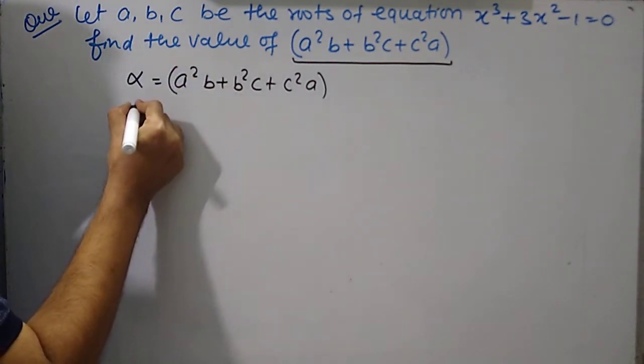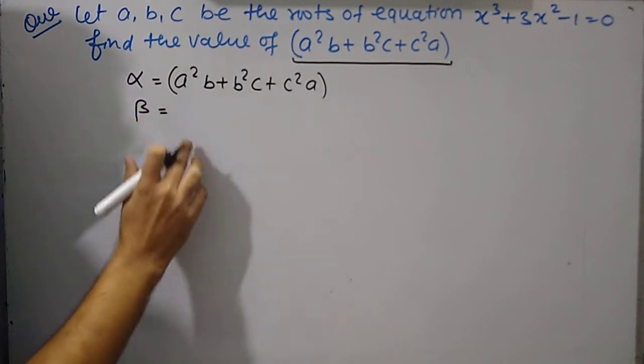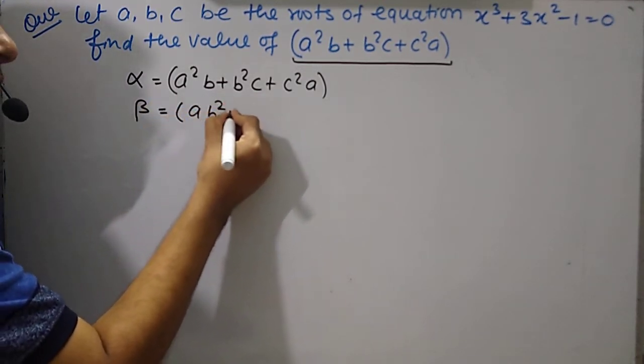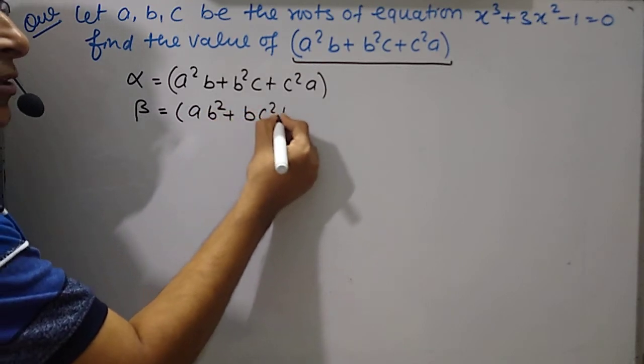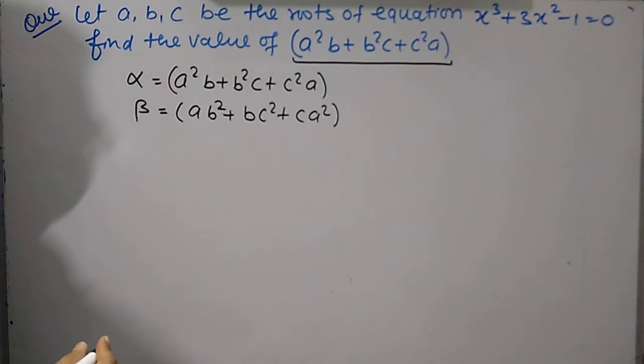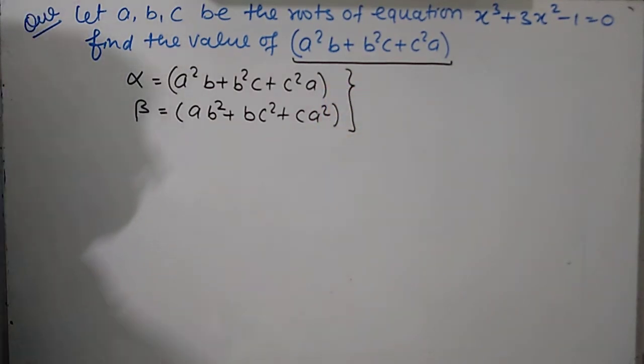And we assume beta to be the symmetric counterpart of alpha, and it is ab square plus bc square plus ca square. So we have alpha and beta.